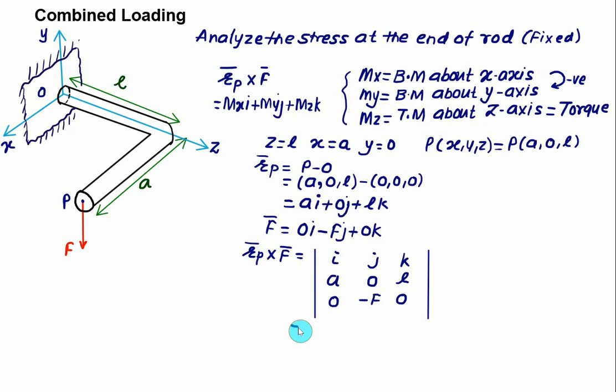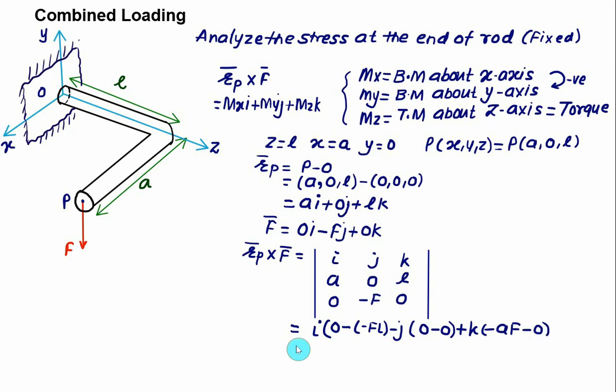So let's solve this. First of all we have i, then 0 into 0 is 0, then we have minus F into L, minus F into L. Then the second term is always negative, that is minus j, A into 0 is 0, minus 0 into L is 0, plus we have k, then we have A into minus F, which is minus A into F, minus 0 into 0 is 0.